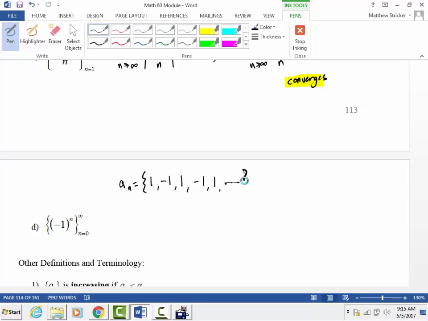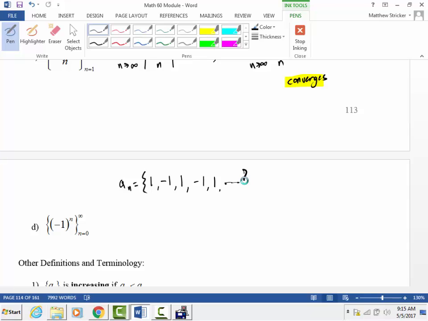Think back to our limit. If we take the limit of the sequence and the limit exists, approaches some L, then we say the sequence converges. Otherwise, if it approaches infinity or does not exist, we say the sequence diverges.